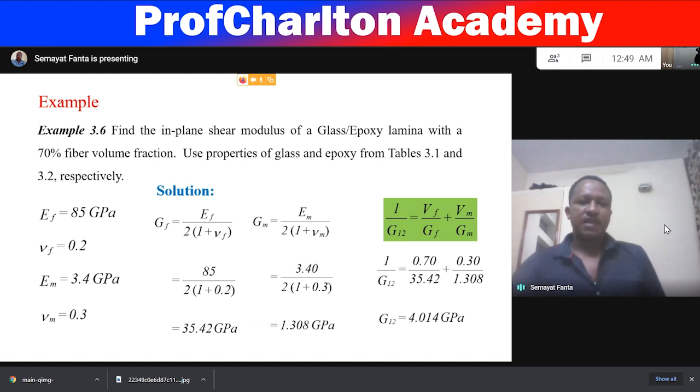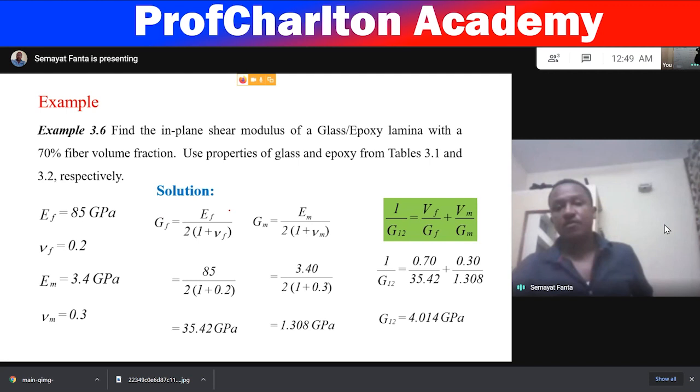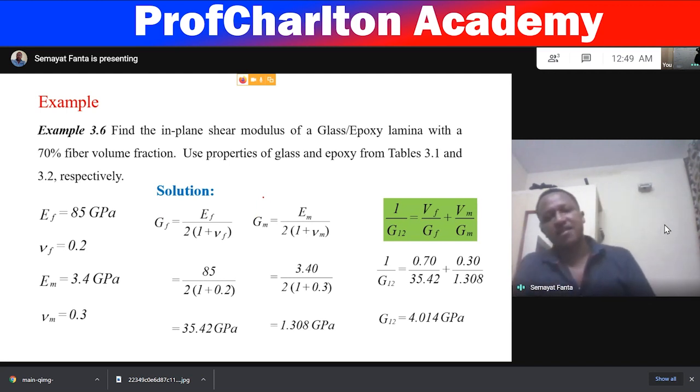So we can calculate it here. How can we calculate it? These formulas come directly from the material property of isotropic materials. We consider fiber as isotropic and matrix as isotropic material, so for an isotropic homogeneous material we have this relation.